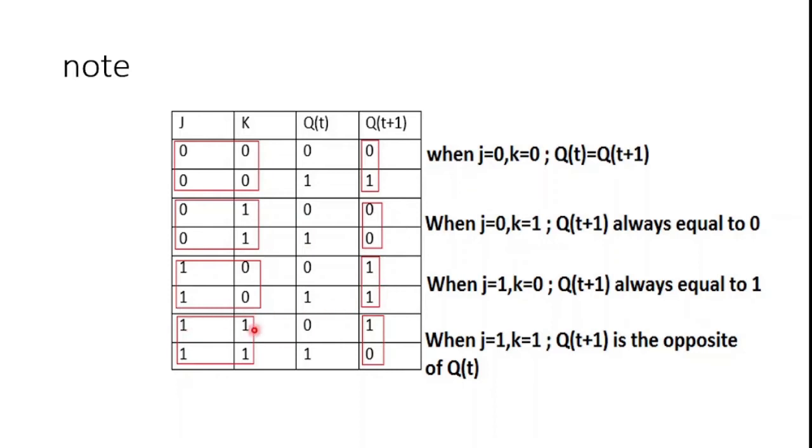And when J, K both are 1, just like this, then you have to notice that QT plus 1 is the opposite of QT. When QT is 0, the QT plus 1 is 1, and when it's 1, then the other one is 0. So they are completely opposite to each other. Okay, so that's how we got the truth table for JK flip-flop.